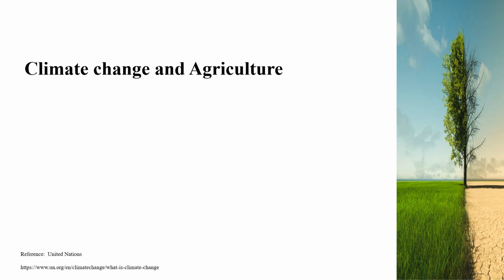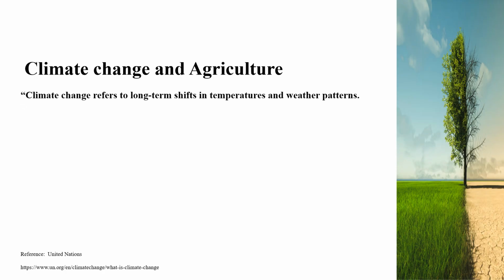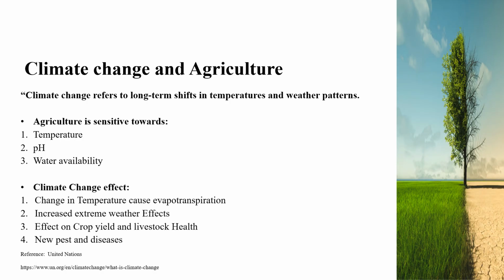What is climate change? Basically, climate change refers to the long-term shift in temperature and weather patterns. As you know, agriculture is very sensitive to temperature, pH, and water availability as well. Number one, climate change affects temperature, which increases evapotranspiration.